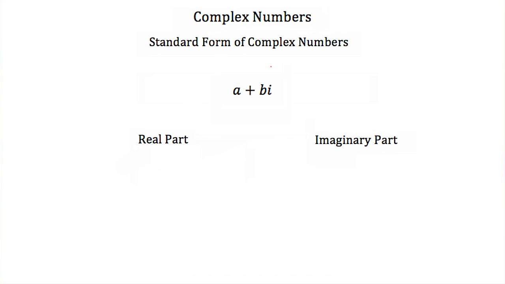Now a and b are just integer or rational or real numbers, but we call this a out front the real part of our complex number. And we call this bi the imaginary part of our complex number. And it's called the imaginary part because notice it has our imaginary unit in it, i.